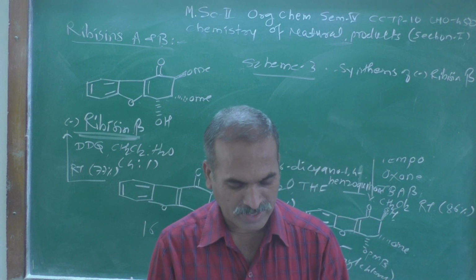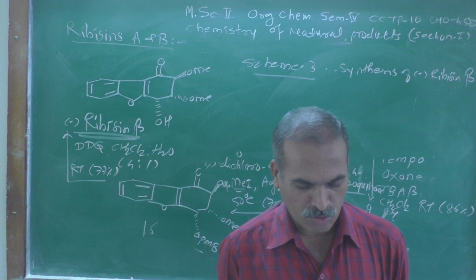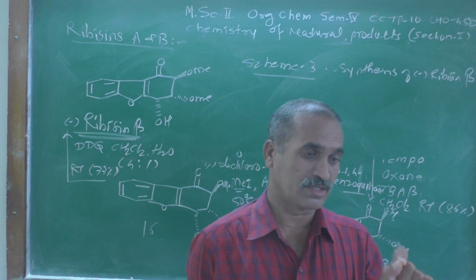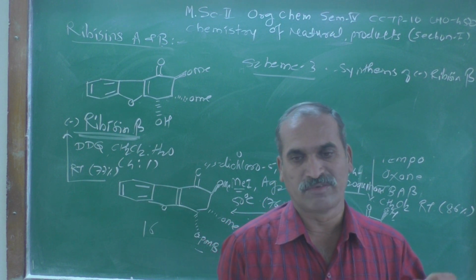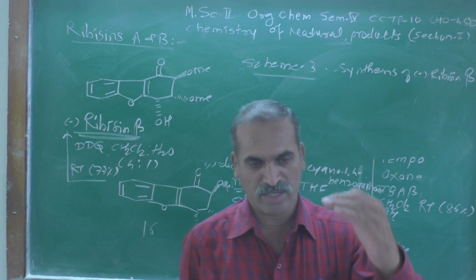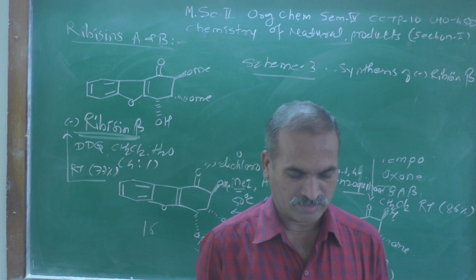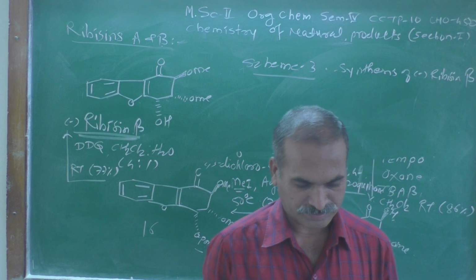And to complete the synthesis, regioselective O-methylation, regioselective, as I already told you, these are the stereochemical terminologies we frequently use during the synthesis of organic molecules from a synthetic point of view.